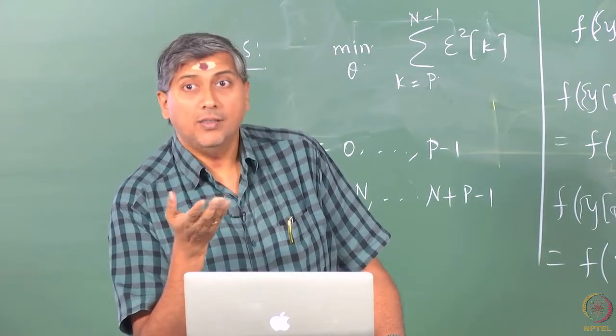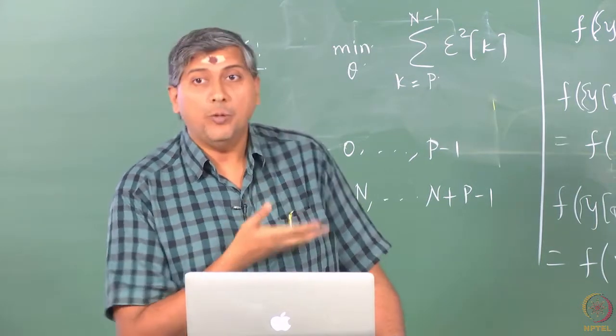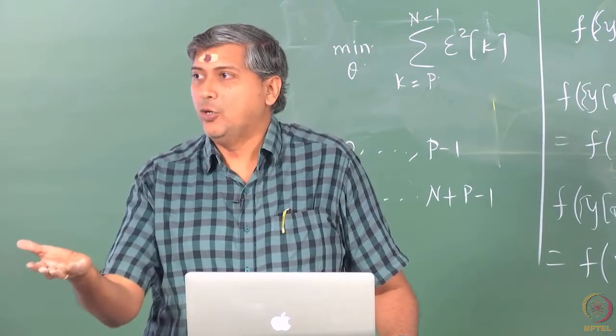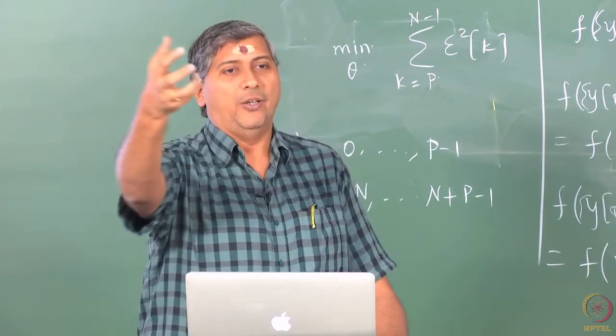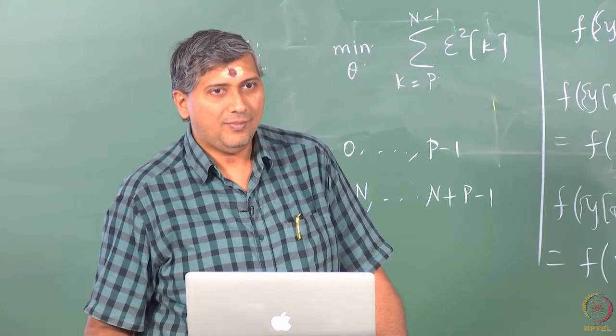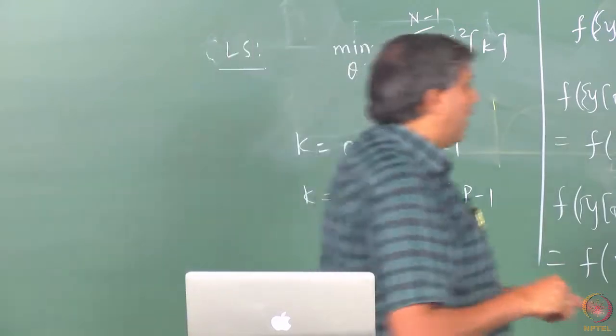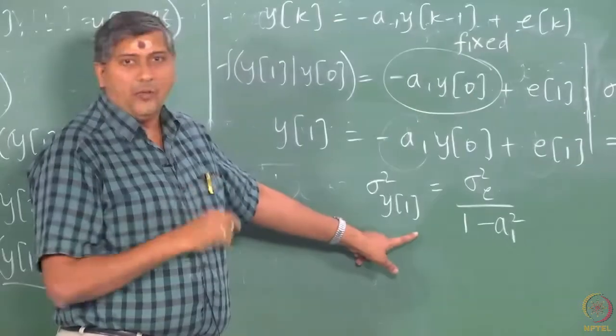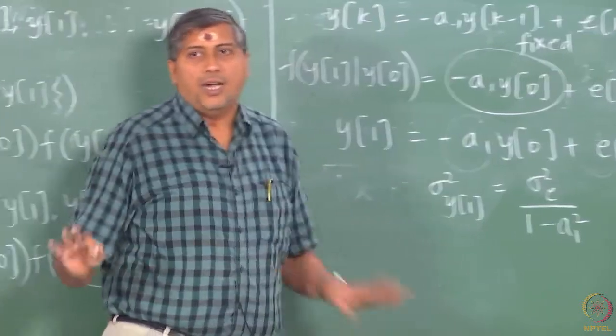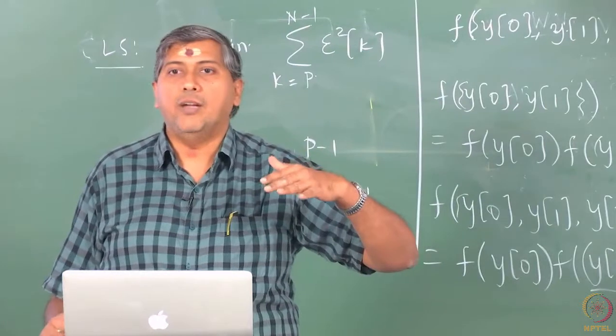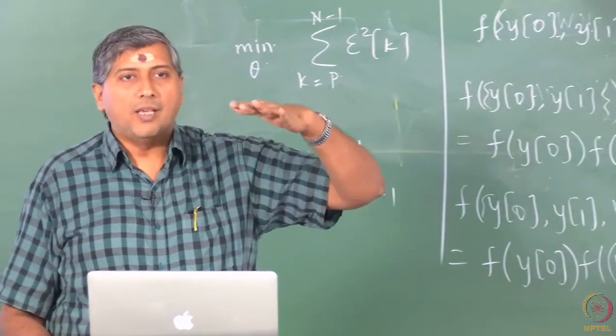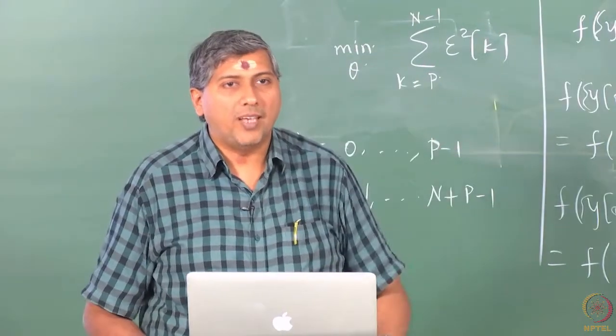That is because y0 is being given to you, that is information given to you, and that information has reduced the uncertainty. If I do not tell you anything, that is the unconditional variance. If I do not give you the past at all, the variability is a measure of uncertainty. The uncertainty in y1 in some sense is sigma square e by 1 minus a1 square.